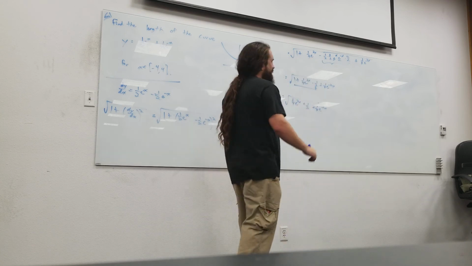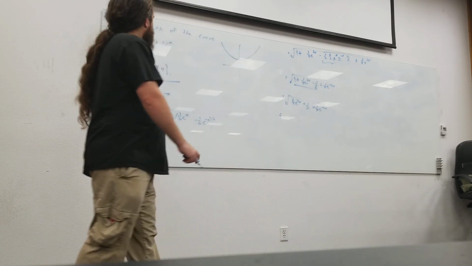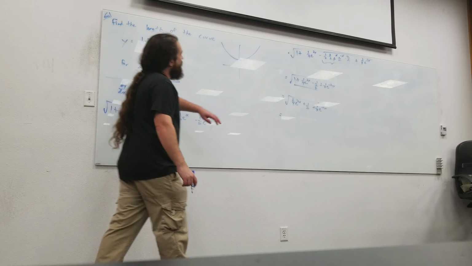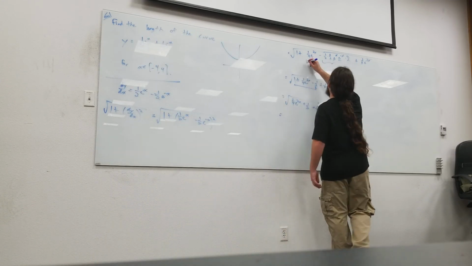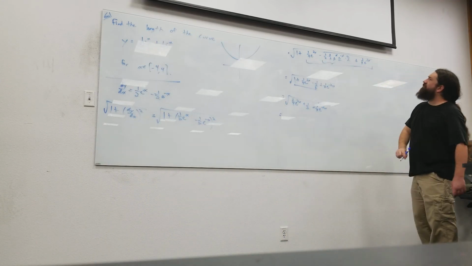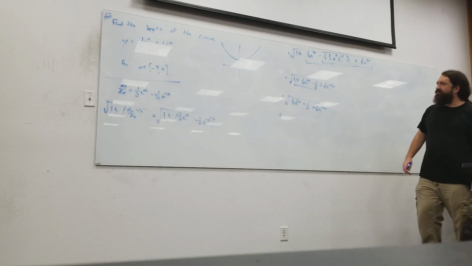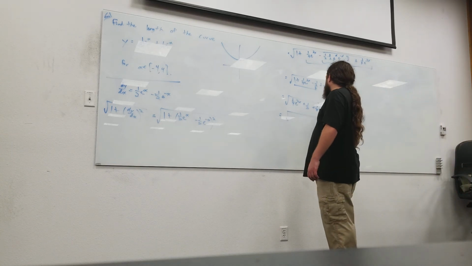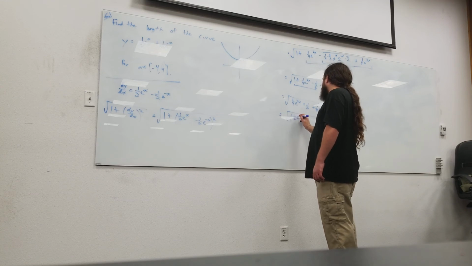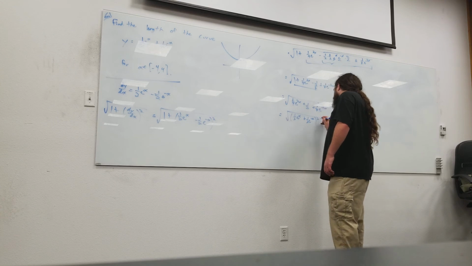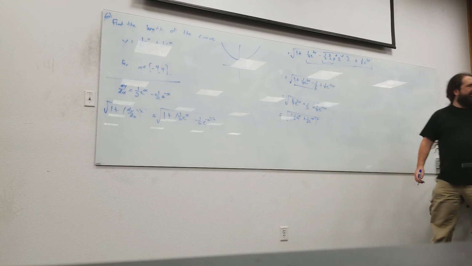And what's the punchline here? Compare that to what we started with up here. You see where it's a perfect square inside the square root? If I take 1/2 e to the x plus 1/2 e to the negative x and square it, that's exactly what I've got.